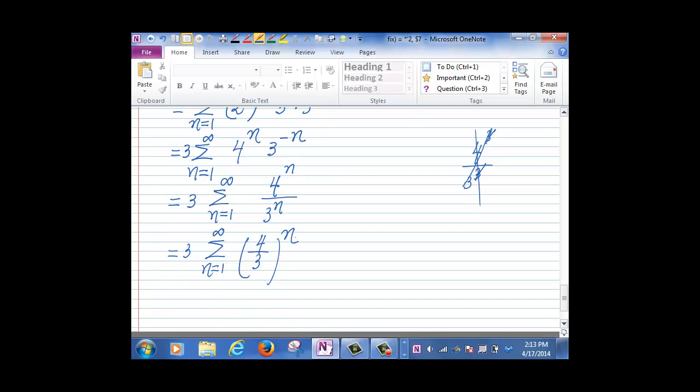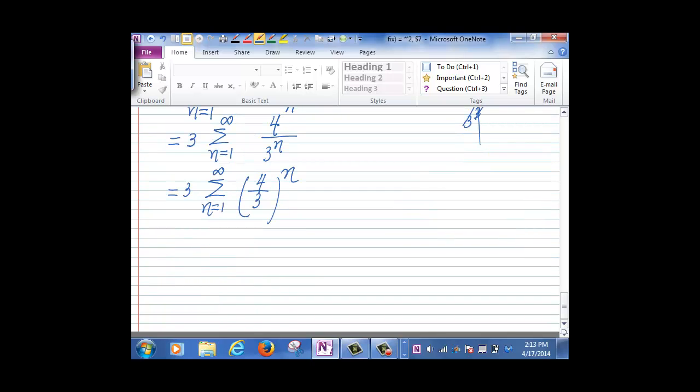What kind of series is that? Is that a geometric series? What is r? r is 4/3. Everyone is okay with that? I don't care what a is now, because this value is larger than 1. Is this series convergent or divergent? When the common ratio is bigger than 1, the geometric series is divergent.